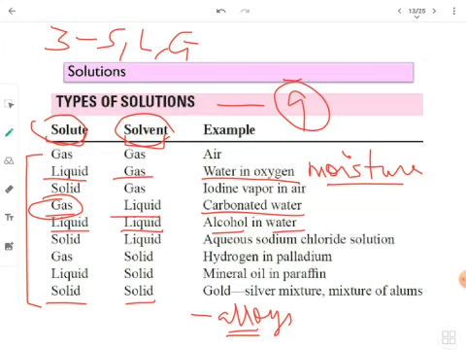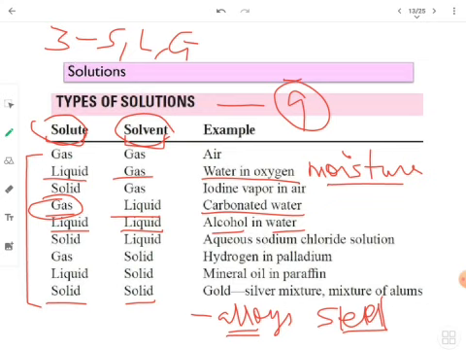For example, steel is an alloy of two different metals. So both of these metals are combined uniformly with each other. It is not that in one place there is more and in another place less. No, iron and carbon are mixed in equal and uniform proportion.